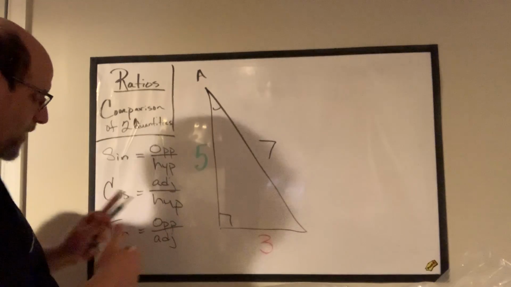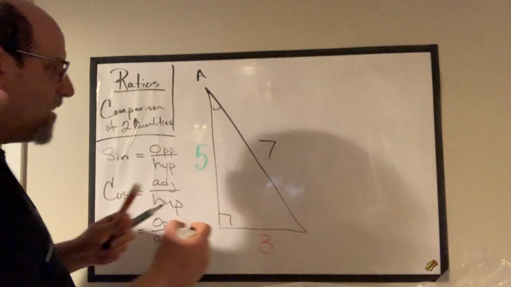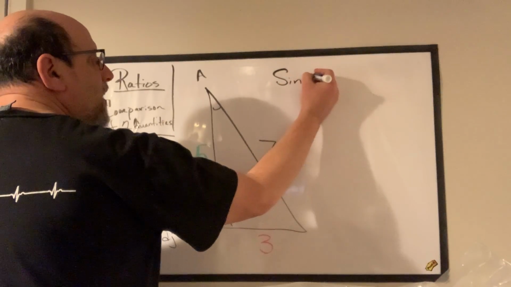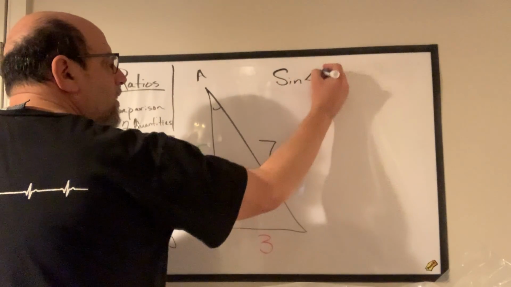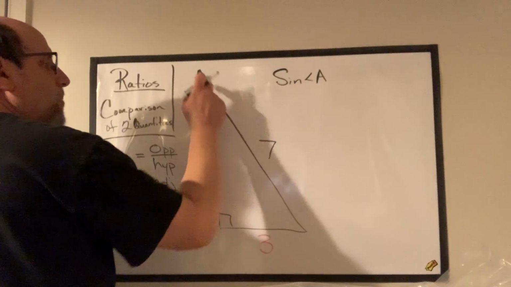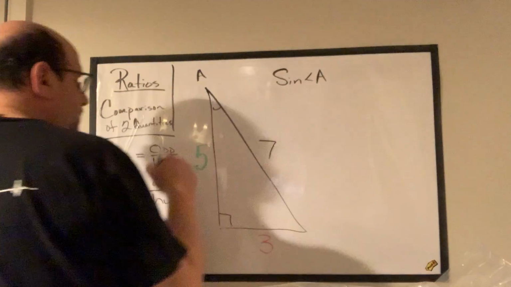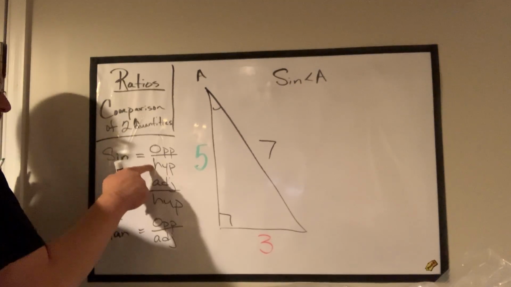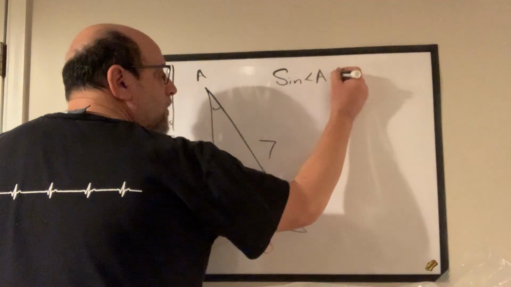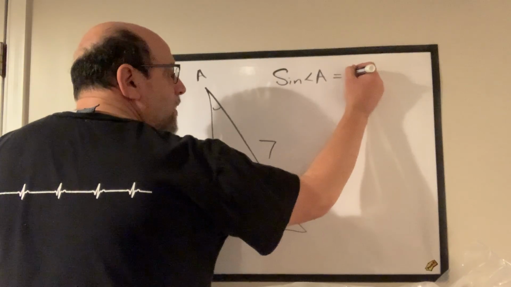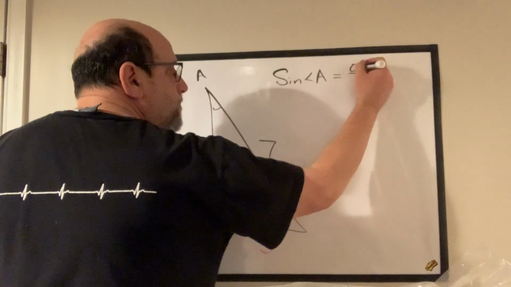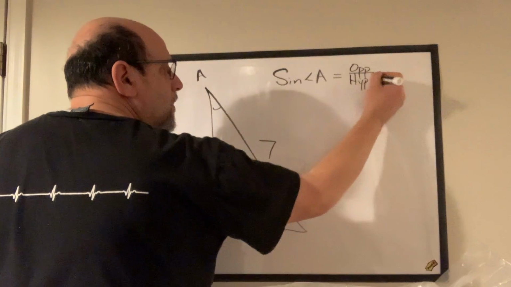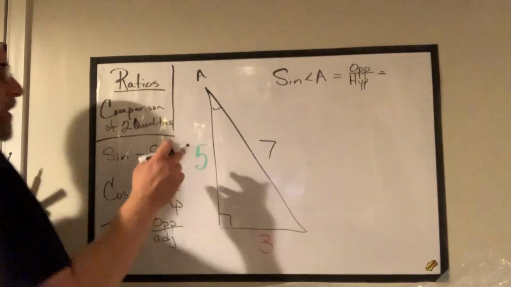If I want to find the sine, I'll say the sine of angle A. All right, so we look up here at angle A, and the sine, we say, is comparing the opposite side to the hypotenuse. So that's going to be opposite over hypotenuse. And so let's take those numbers.